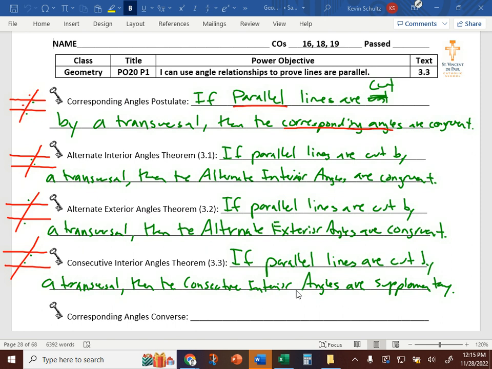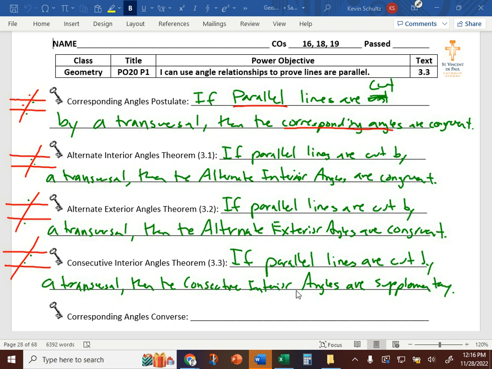Right, so the if and the then are flipped. Now, remember, when we talked about converses initially, the converse for a statement is not always true. This converse will also be true, which means this falls under that biconditional statement where it works both ways, okay?